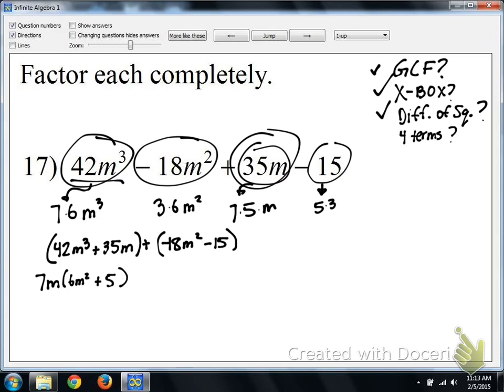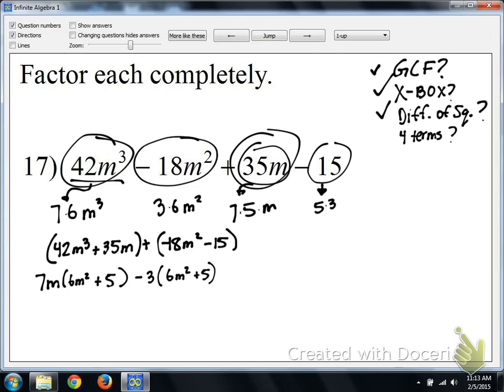Negative. So I'm going to take out a negative 3. Negative 18m squared divided by negative 3 is positive 6m squared. Negative 15 divided by negative 3 is positive 5.